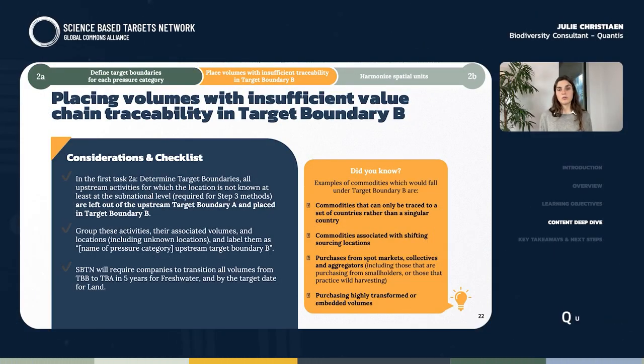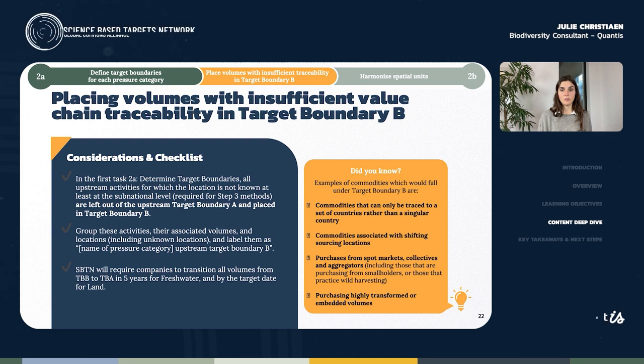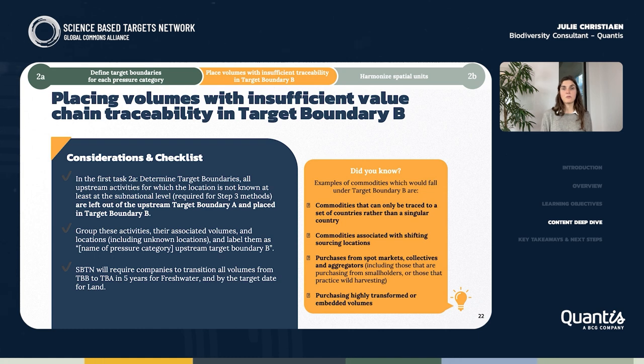Target boundary B was introduced in the methods to increase the method's feasibility given the current realities of companies regarding supply chain traceability. Note that although these activities will not be removed from the process of setting science-based targets using the SBTN method, they may still be required actions that companies will need to undertake to manage the associated impacts.